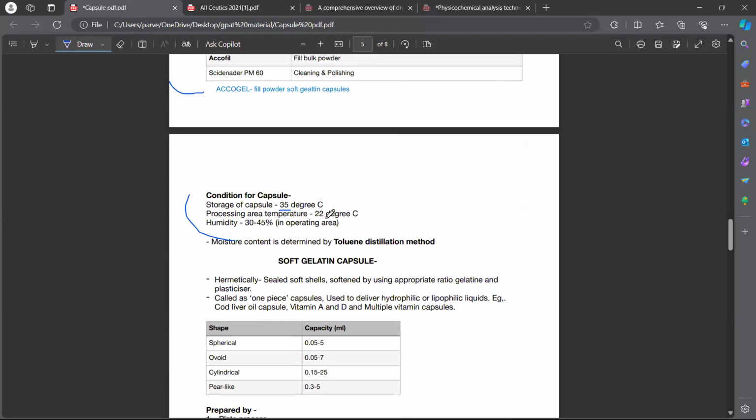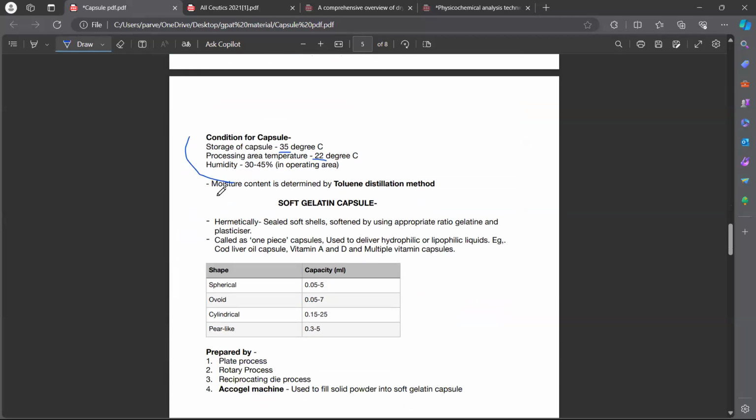The processing area should be 22 degrees Celsius, and the humidity should be maintained throughout the capsule manufacturing, guys, because a slight change in the humidity can affect the integrity of the capsule. Another point: the moisture content is determined by the toluene distillation method. This is very important, guys. The moisture content of the capsule is determined by the toluene distillation method.